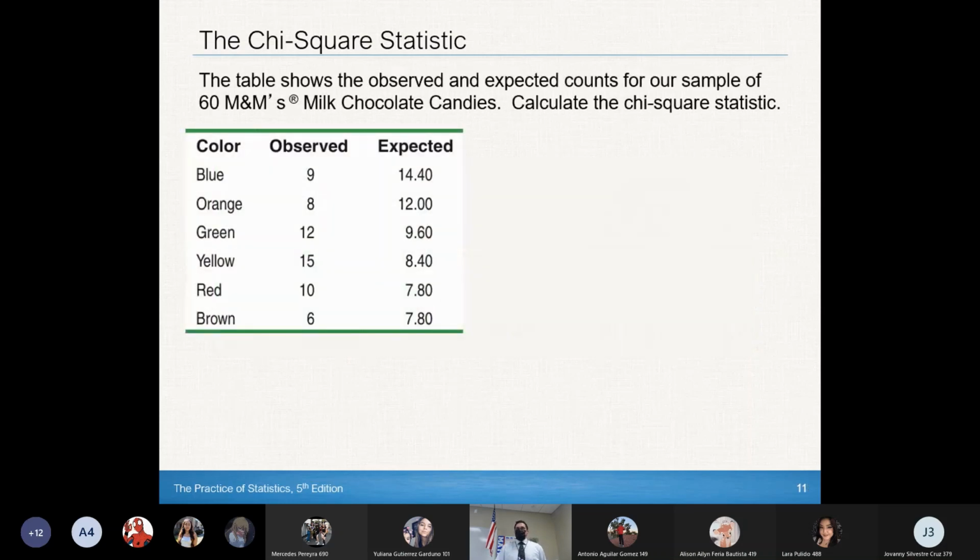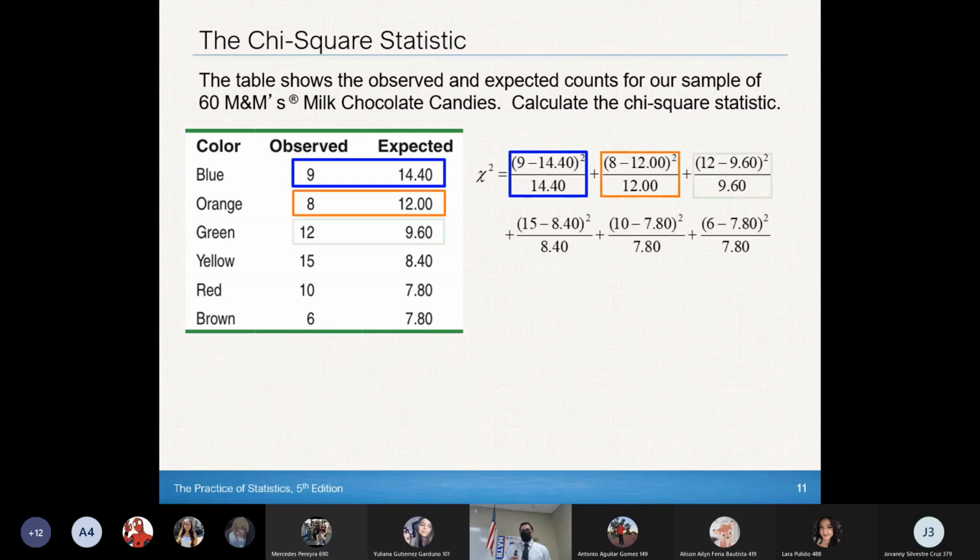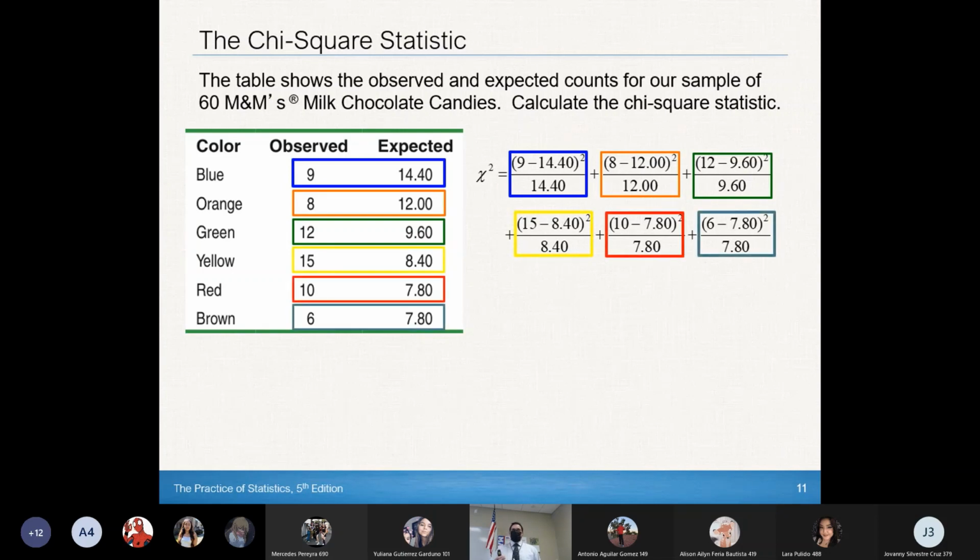All right, so the table shows the observed and expected counts for our sample of 60 M&Ms milk chocolate candies. We need to calculate the chi-square statistic. And this shows how we use each observed and expected to get each of the fractions that make up our sum for the chi-square statistic. We have our blue one here, 9 and 14.4.